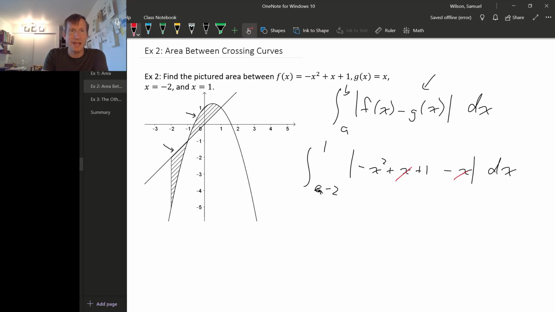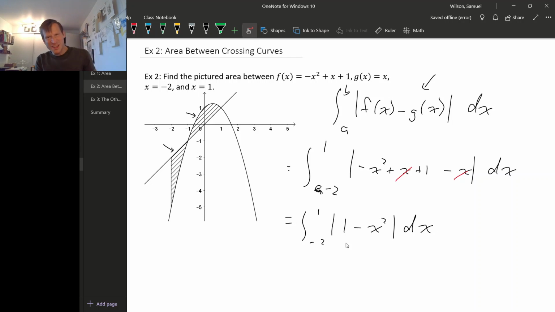right? These x's cancel. So we're looking for the integral from -2 to 1 of the absolute value of 1 minus x squared dx.